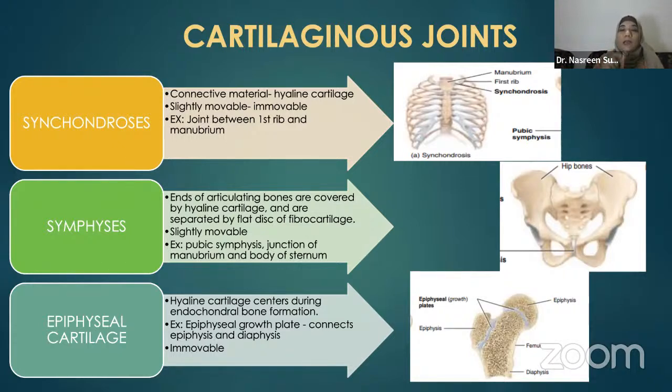They are going to help in the growth of bones. That is nothing but your epiphyseal cartilage. These are hyaline cartilage centers during endochondral bone formation, and the example is epiphyseal growth plate which is going to connect your epiphysis and diaphysis. And this is immovable. It allows the growth, but it doesn't allow any movement.